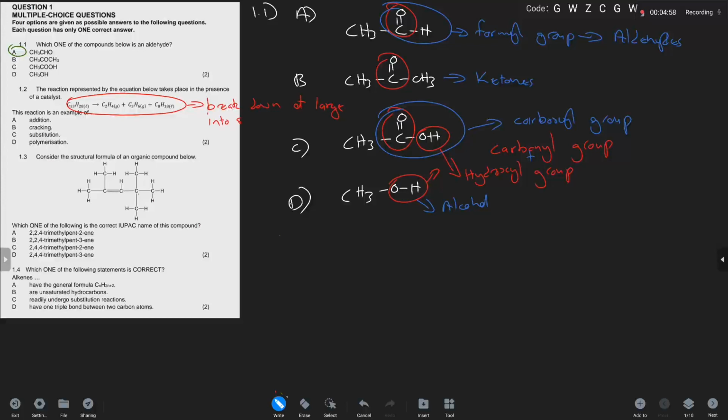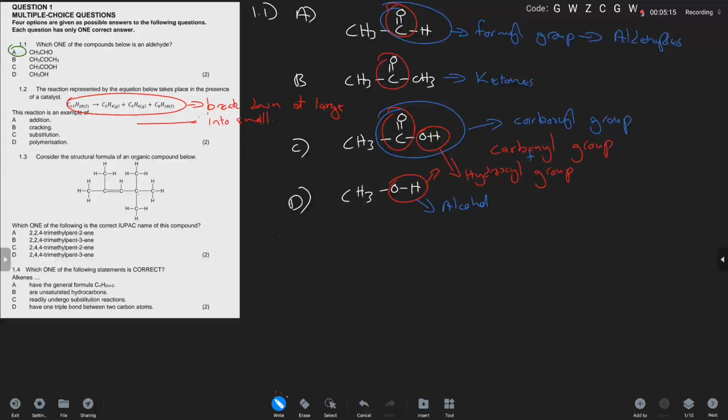We know that as thermocracking. Thermocracking is the breaking down of larger molecules into smaller and more useful ones, or cracking in other words.